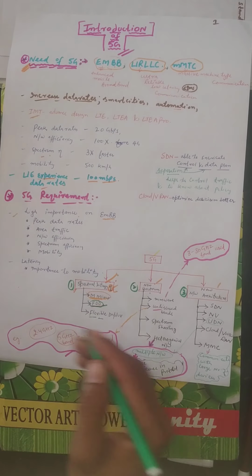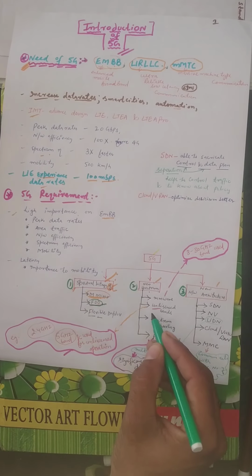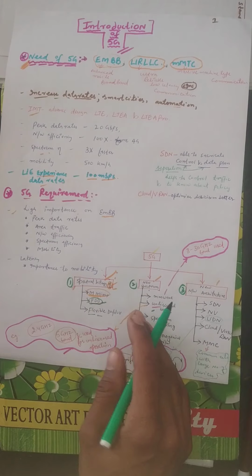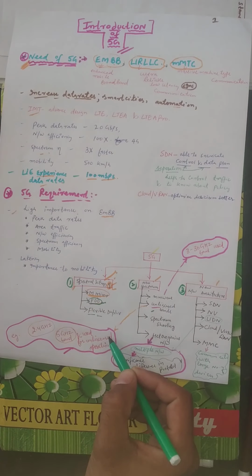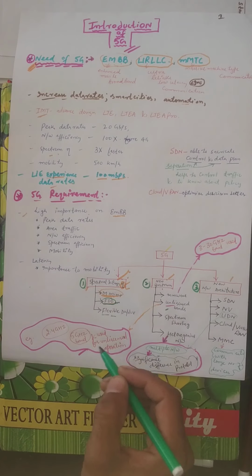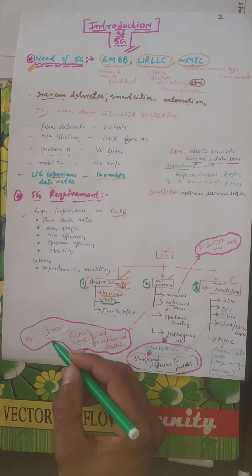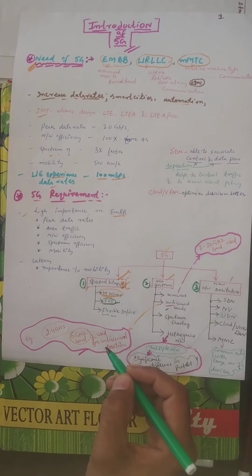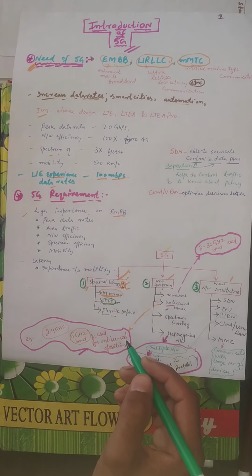And the second one is the unlicensed band. These unlicensed bands, for example the 2.4 gigahertz band and 5 gigahertz band, are used for unlicensed operation.